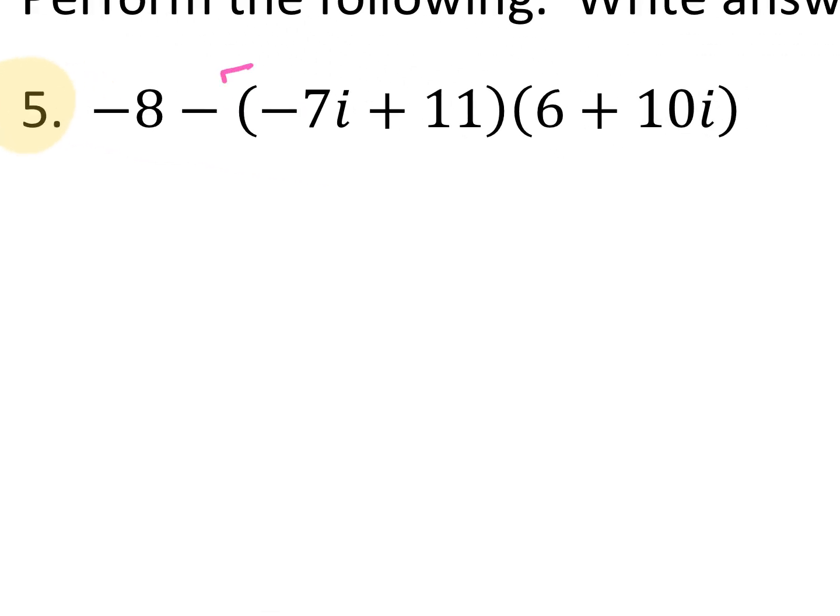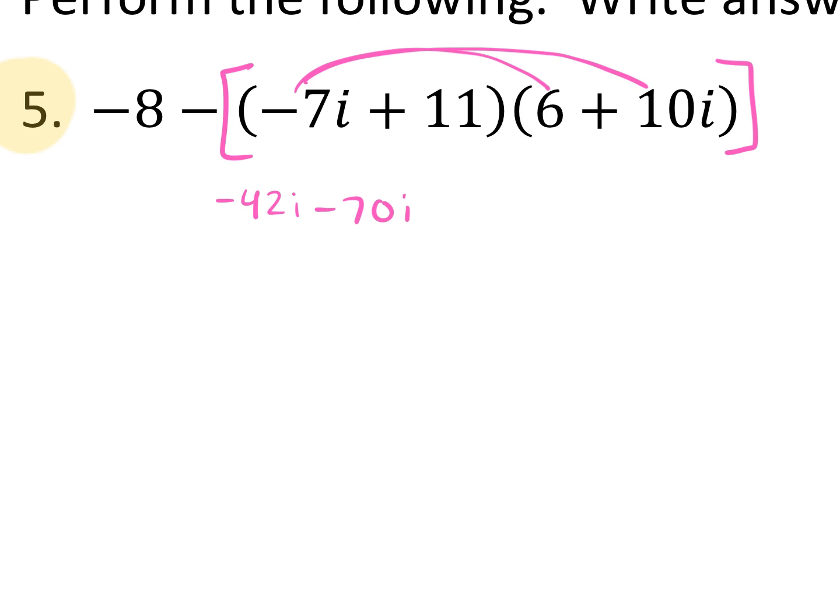Let's FOIL these two together first. We'll get our answer, and then we'll distribute the negative. So when we FOIL here, what's negative 7i times 6? Negative 42i, perfect. The negative 7i times 10i would be negative 70i squared. 11 times 6 would be plus 66.